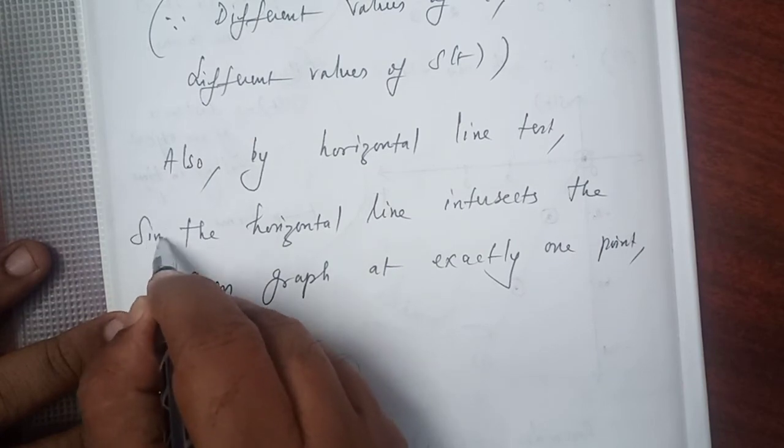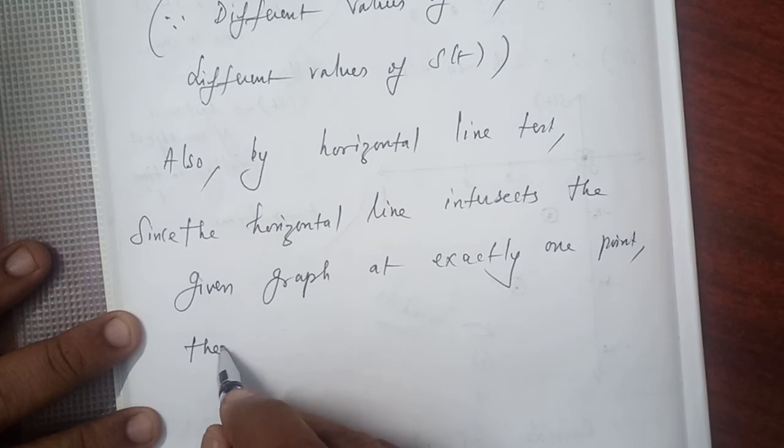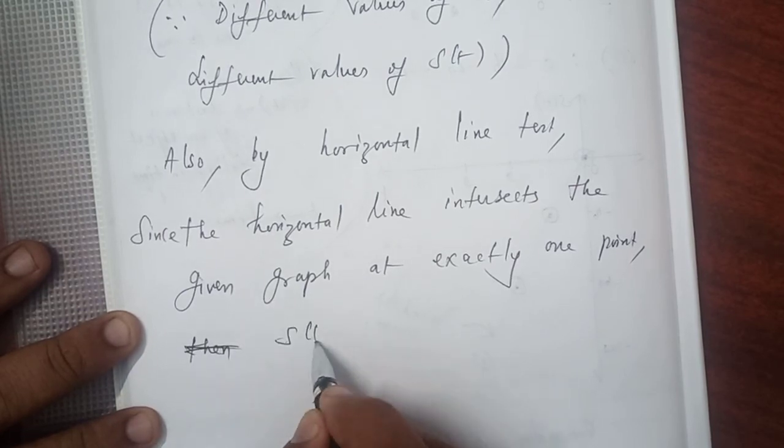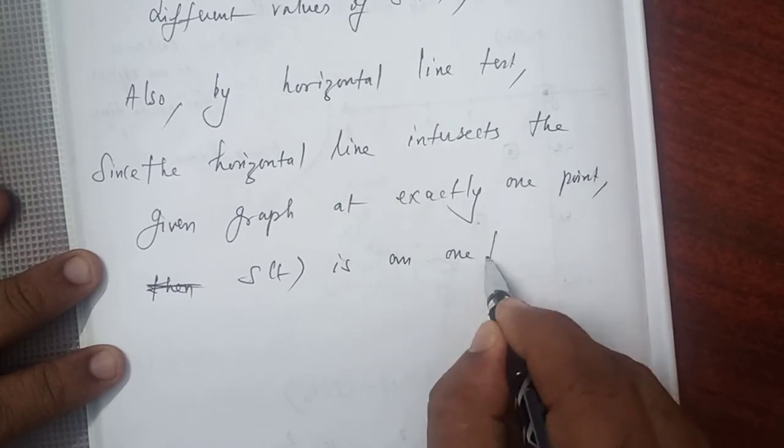Since this is so, s of t is a one-to-one function.